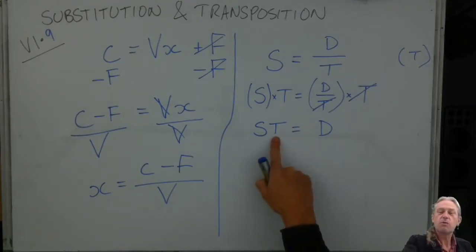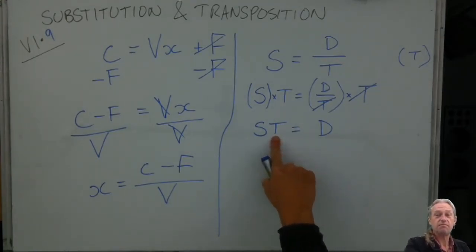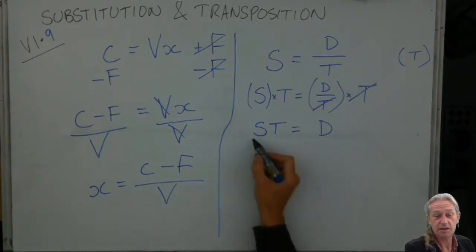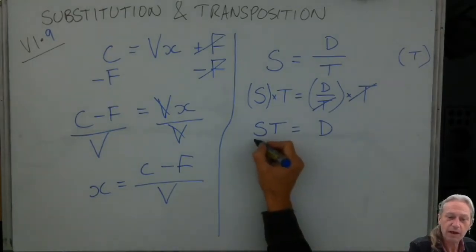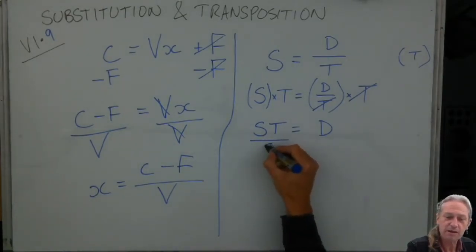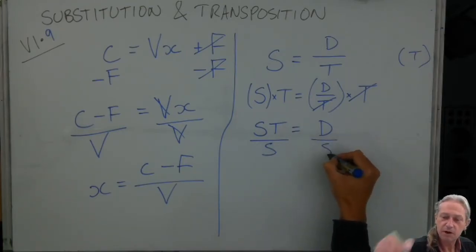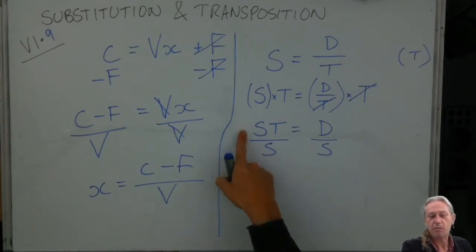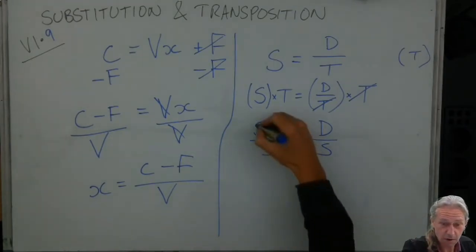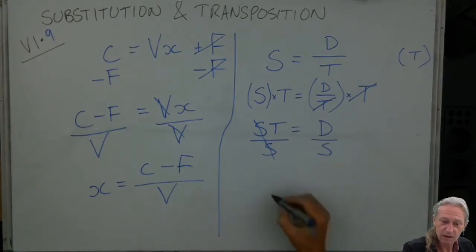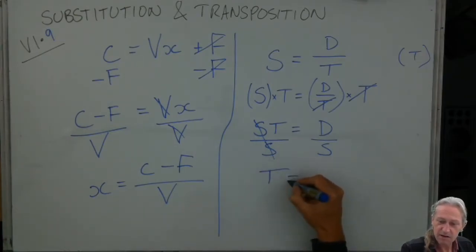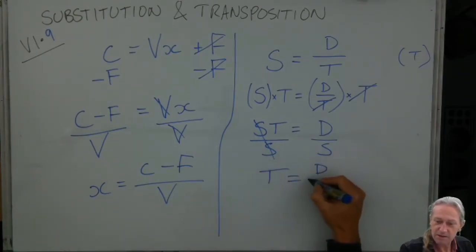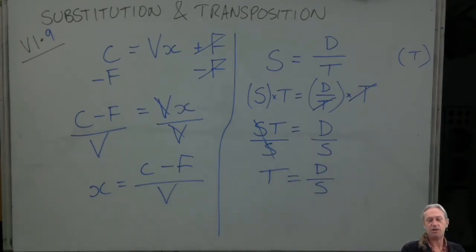Because we want t at the top of the fraction, this is like over 1, we are now going to divide both sides by the s. So here, s, how many s's? We've just got 1, so that cancels. And we end up with t, time, equals distance divided by speed.